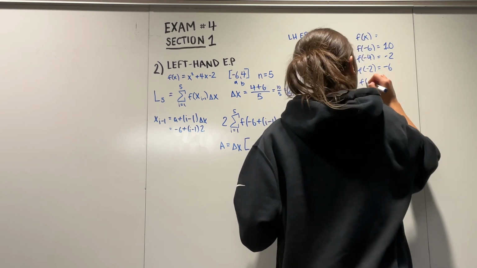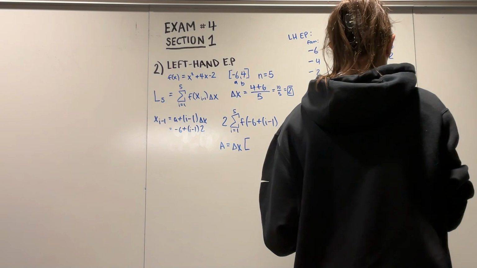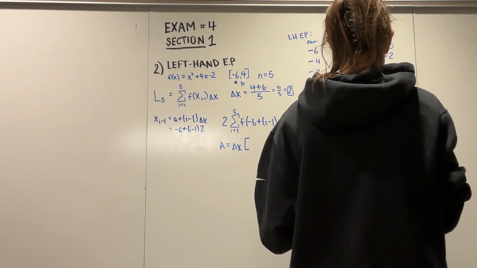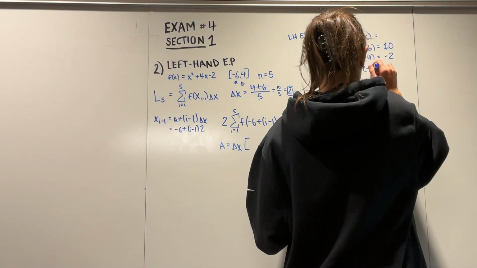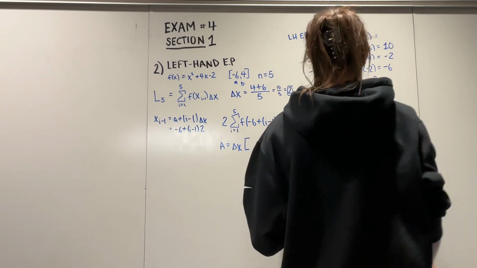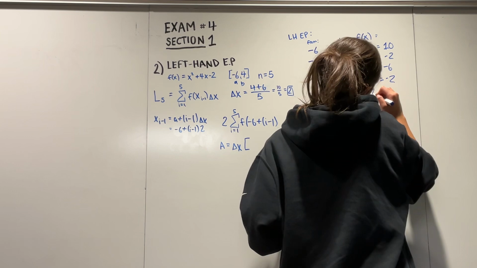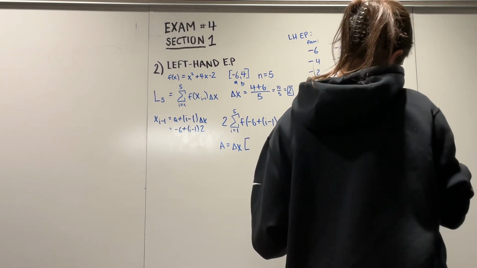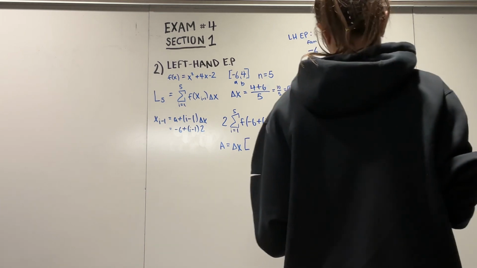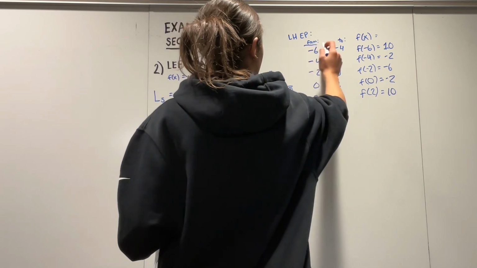F of 0 is going to be equal to -2. And then f of 2 is going to be equal to 10. My bad.